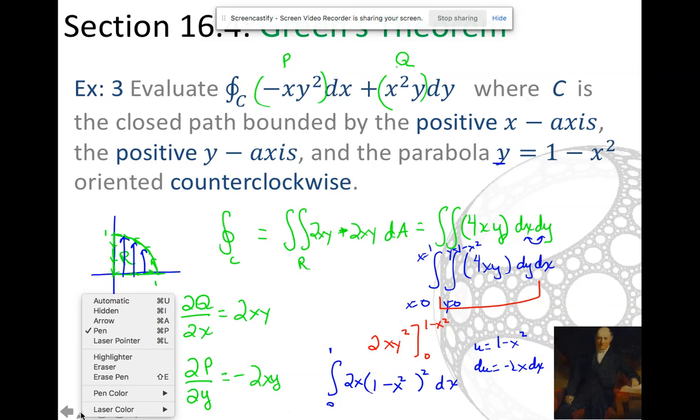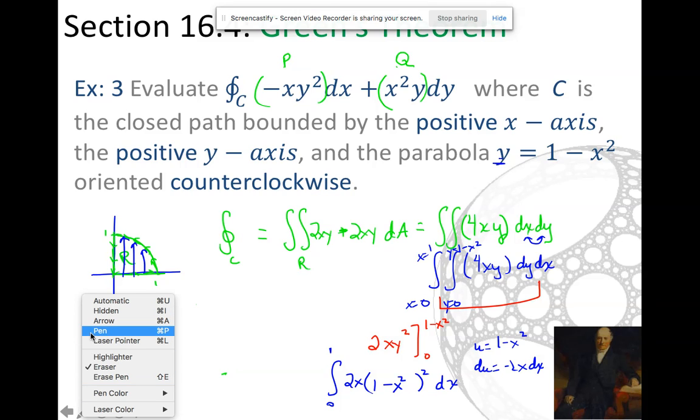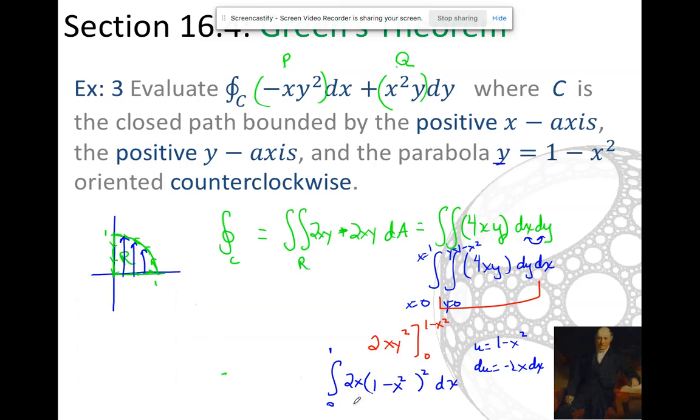Let me do some erasing here so I can give myself some room. So I'm just going to end up with a negative. This is my u getting squared. There's my dx, except for this negative, so I'm going to get negative (1 minus x squared) cubed over 3.